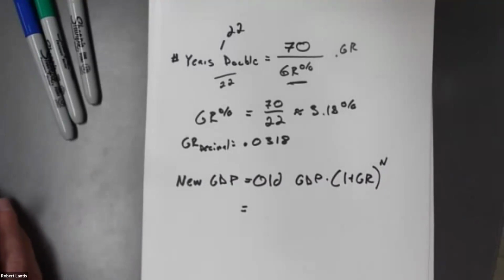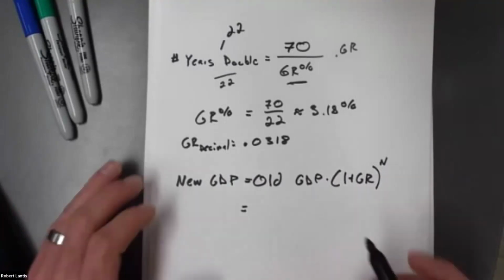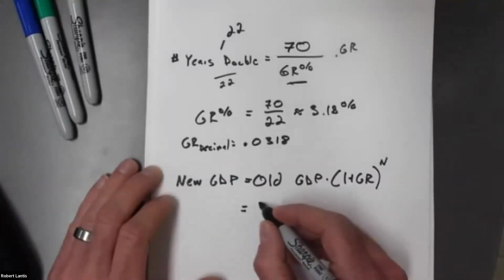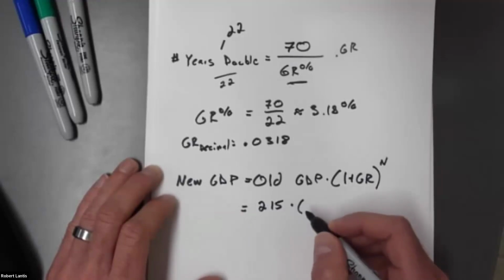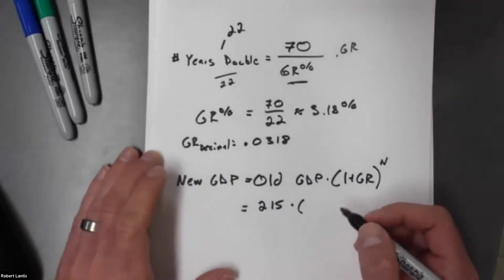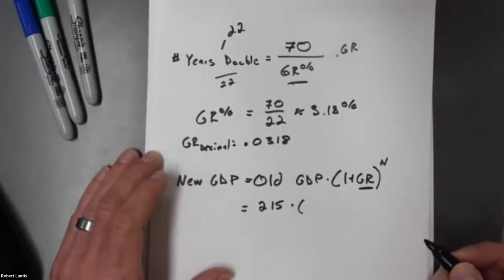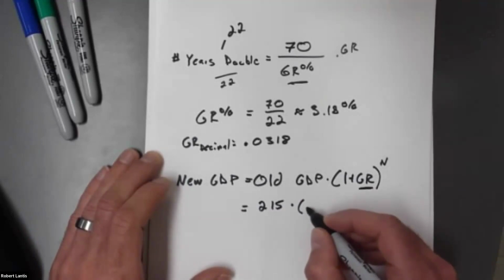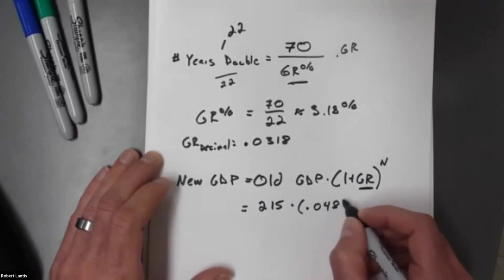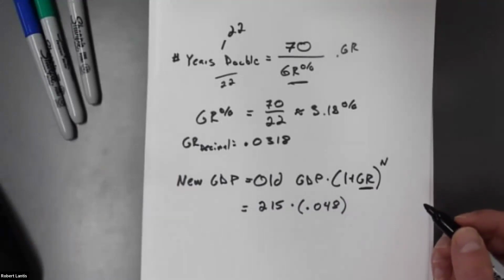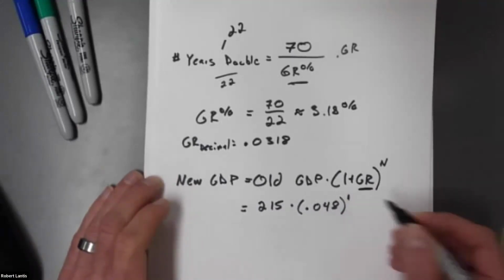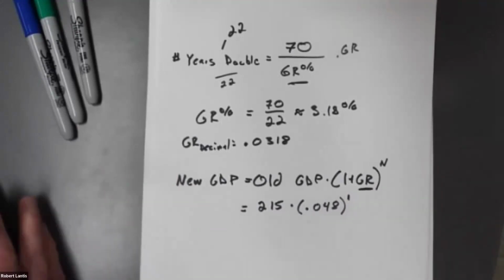Our old GDP was 215. Our growth rate was 4.8%. Now remember, when we're using this formula, we need the growth rate in decimal form. So we would use 0.048. The number of years, we're only making a projection from 2021 to 2022, so it's simply 1 here.